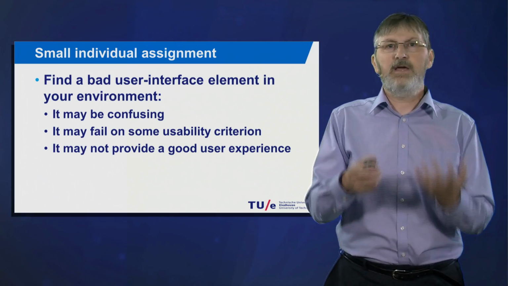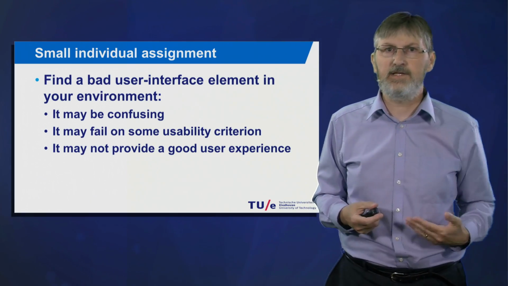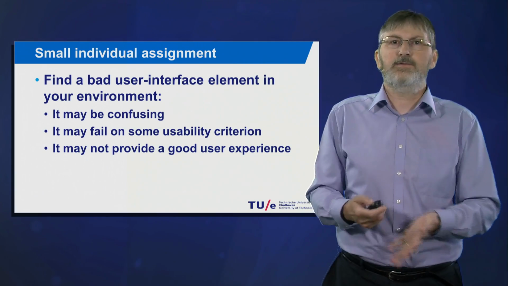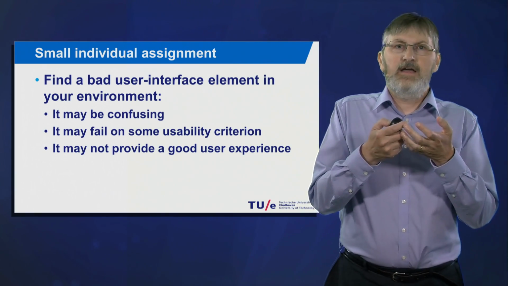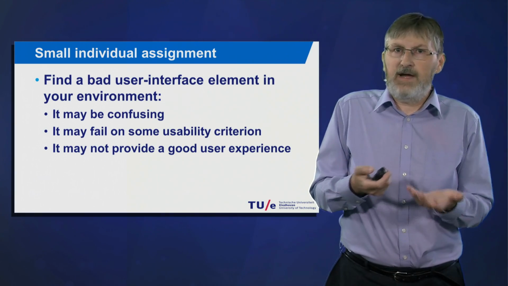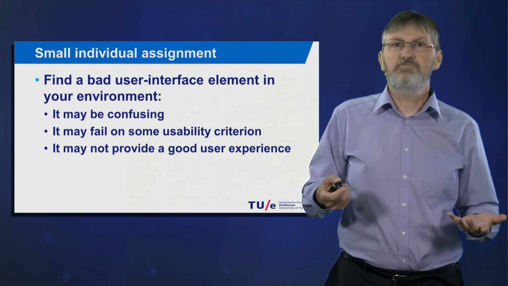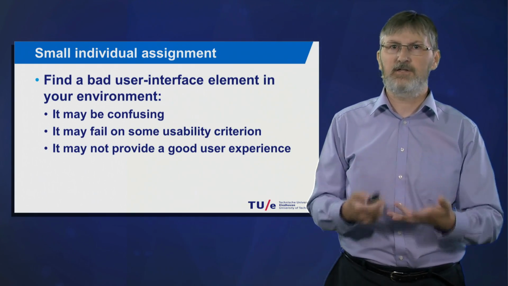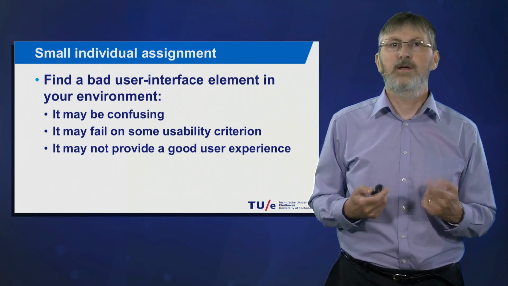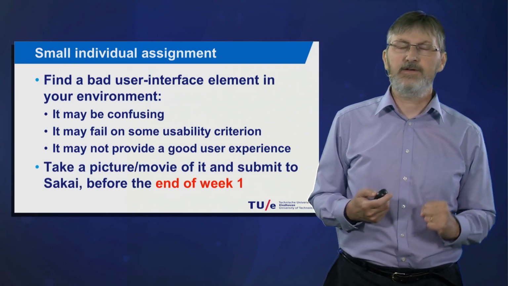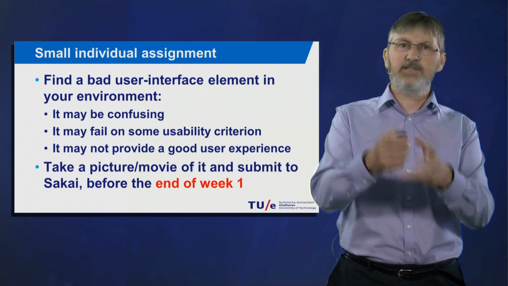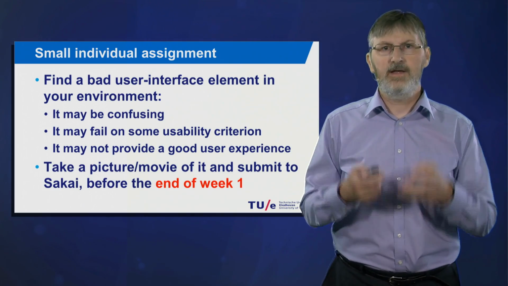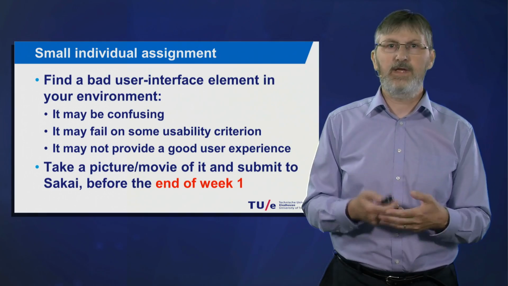It may fail some of these usability criteria. Maybe it's too hard to learn, or maybe you forget how to use it. It may not provide a good user experience. There may be nothing tangible that is wrong with it, but it's just not pleasant. You should take a picture, or even better, make a small movie of using it, and then submit it to Sakai before the end of week 1.